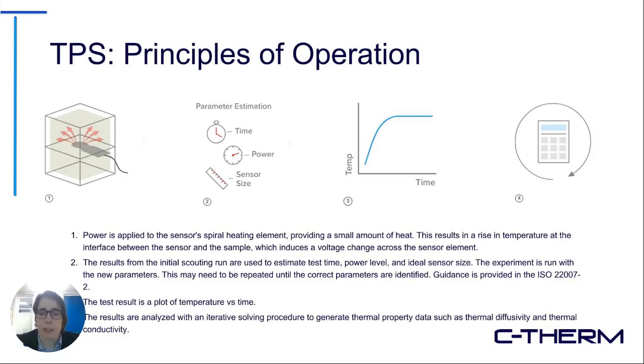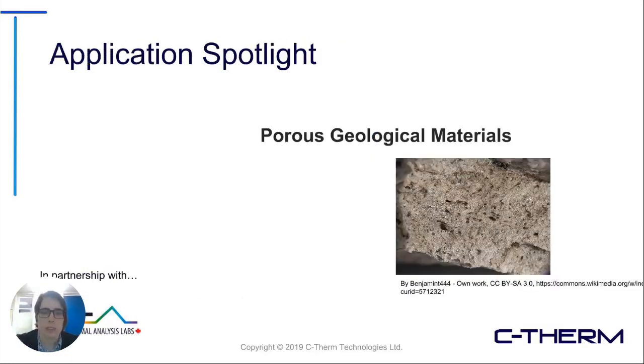And after a couple run-throughs of this, you can zero in on the ideal time, power, and sensor size to get a very good quality measurement of the thermal conductivity. This iterative procedure is a little bit time consuming and does require a fair amount of user expertise.